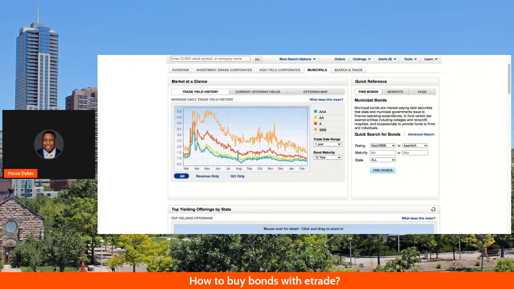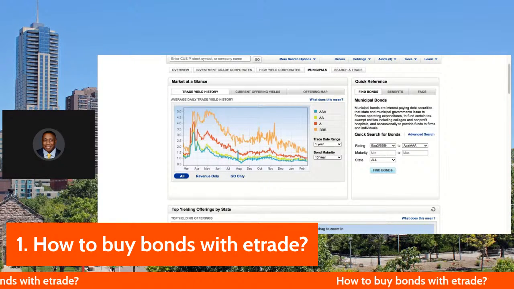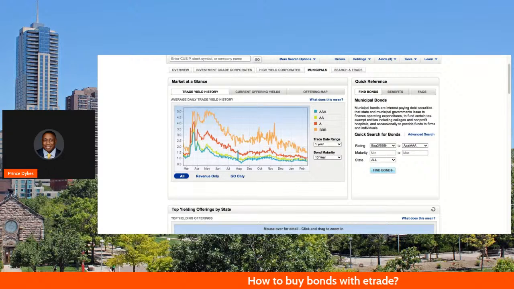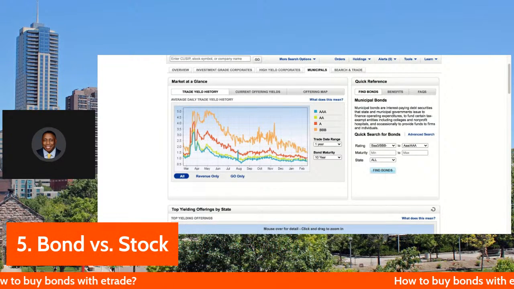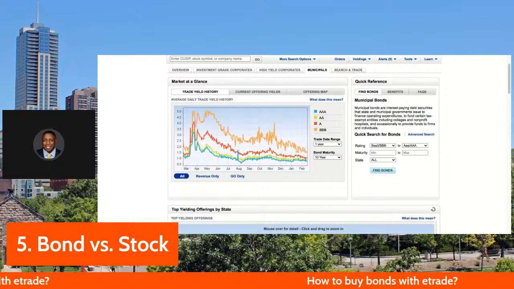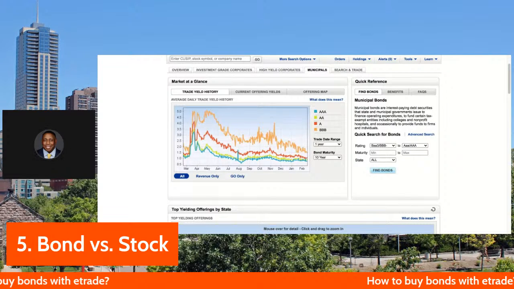All right. So anyway, ladies and gentlemen, in this episode, I did a step-by-step tutorial in the beginning showing you how to buy a bond with E-Trade. And then we talked about what a bond was. And then we looked at the risk with the bond. And let's talk about a bond versus a stock. A bond is looked at as being more conservative. This is for people who are trying to conserve money, who don't want to take a whole bunch of risk on the market.